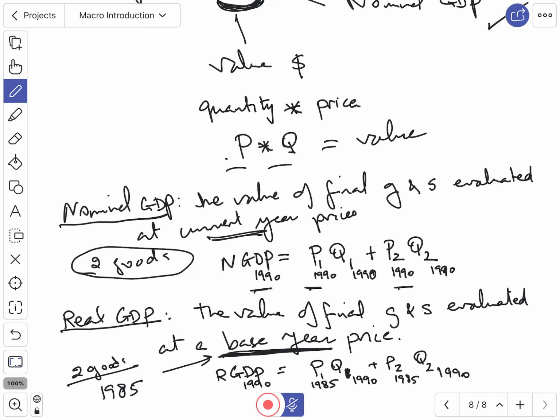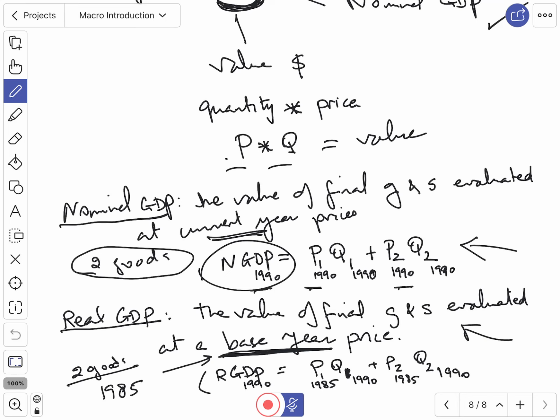So the idea here, if I'm really focusing on production, I'm using the real GDP, and that's why whenever we talk about economic growth, which is the actual production in a certain country, we focus on real GDP because I want to filter out the effect of movement of prices. This one is a kind of mix because in 1990 there might be changes in prices, there might also be changes in production, but I really don't know whether the value of GDP here is because of the increase in prices or increase in production.